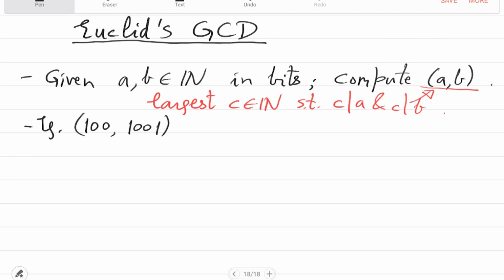What is the GCD? Yes, why is it 1? What is the proof? You are basically saying that these two numbers are co-prime. So when the GCD is 1, we call the numbers co-prime. Otherwise, we say that they share a factor. So 100 has many factors. So you look at the factors and you check that they don't divide 1001, or you just do this calculation.